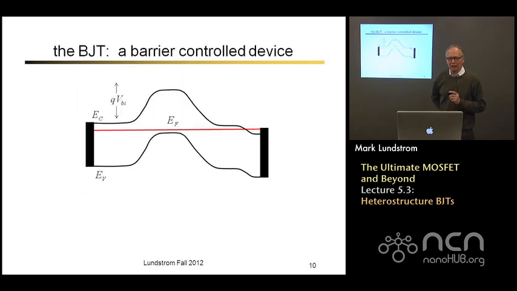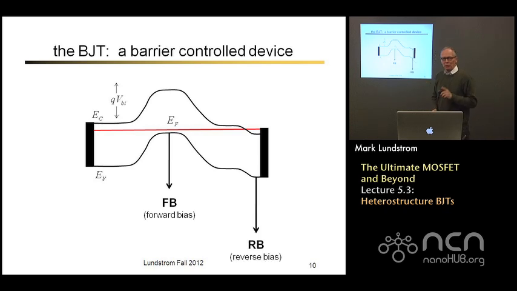Now, if we apply a forward bias, what happens? A positive forward bias will lower the energies in the P region and pull that down. If I apply a reverse bias to the collector, that means a positive voltage on the N region. That positive voltage will pull the collector down as well.